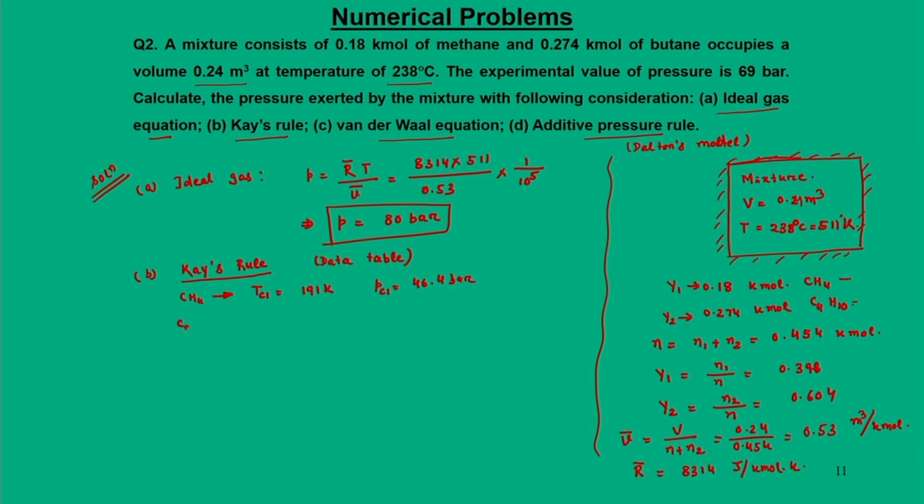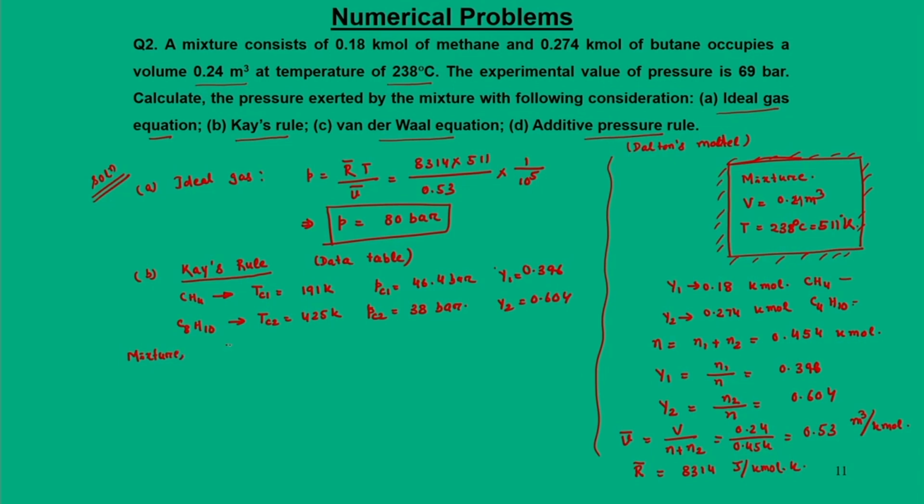For butane, C4H10, TC2 is 425 Kelvin, PC2 is 38 bar, and we know Y1 is 0.396, Y2 is 0.604. So, then we can find out for the mixture.